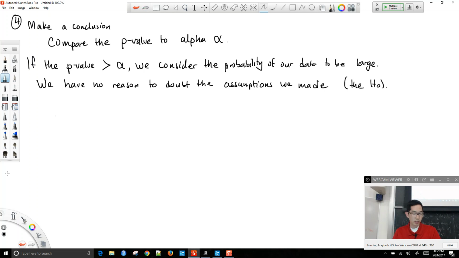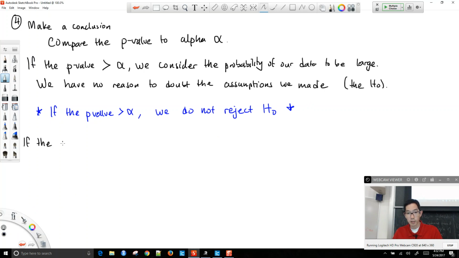So the summary conclusion is, if the p-value is larger than alpha, we do not reject the null hypothesis. And on the other hand, if the p-value ends up being less than alpha, we consider the probability of our data to be small.